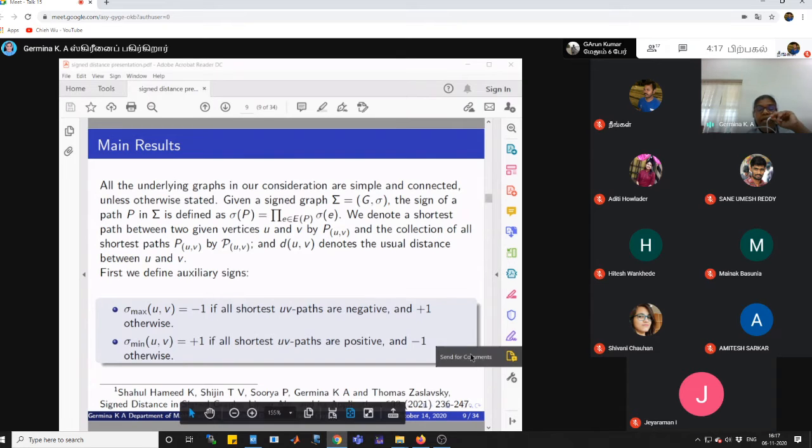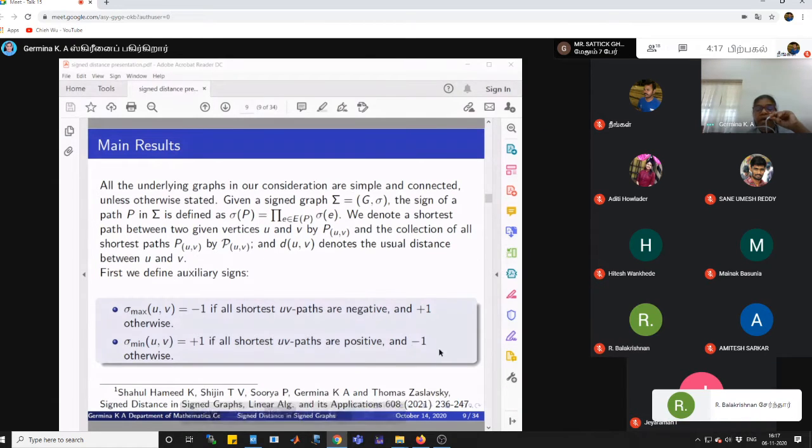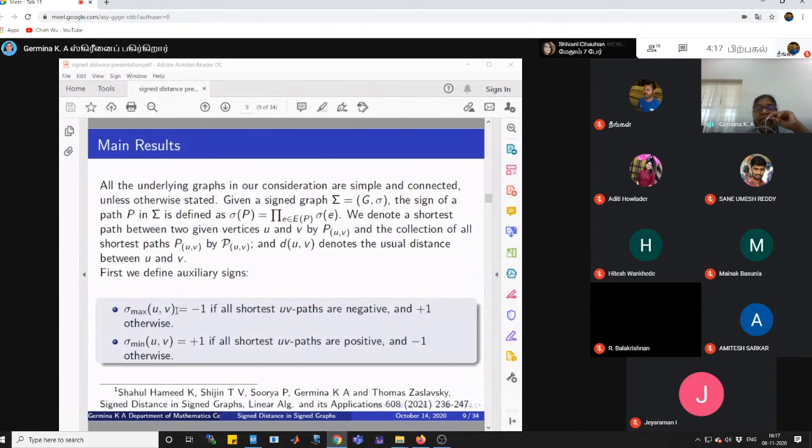And we mean by sigma min of uv +1 if all the uv paths are positive and -1 otherwise. What do we mean by this? For sigma max of uv, if everything is negative, only then do we take -1. If at least one is positive, it is +1.